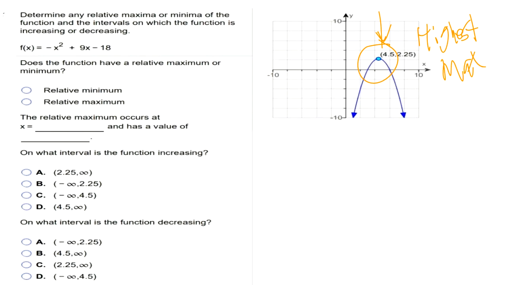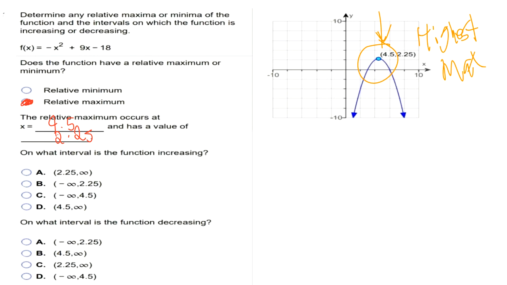It has x first, so x is 4.5, and has a value of 2.25, and it's the relative maximum. So the relative maximum occurs at 4.5 and has a value of 2.25.